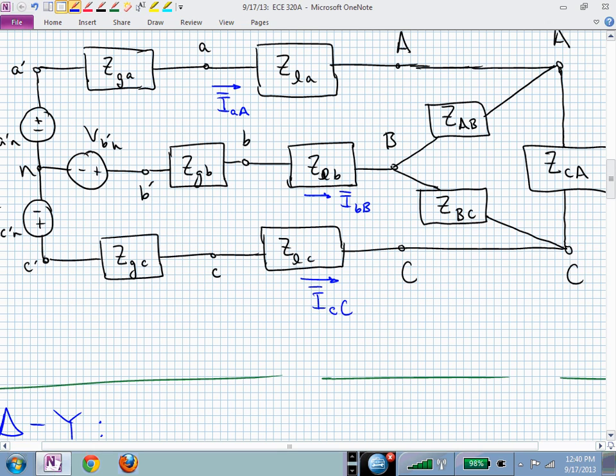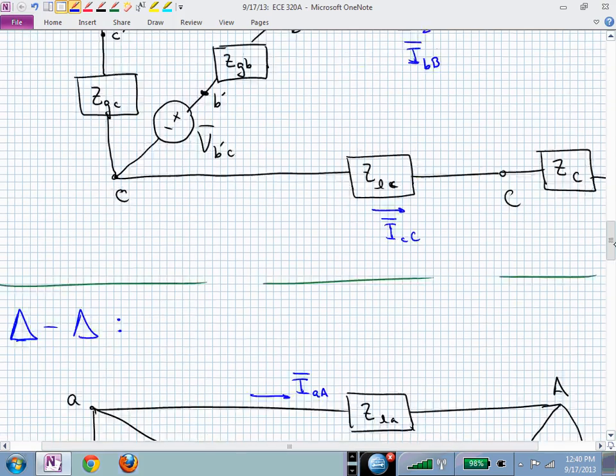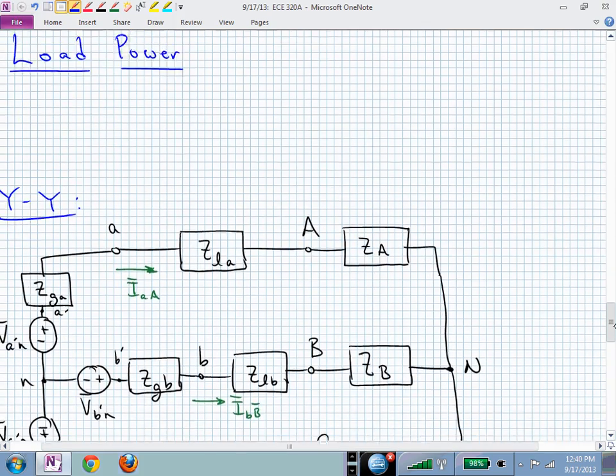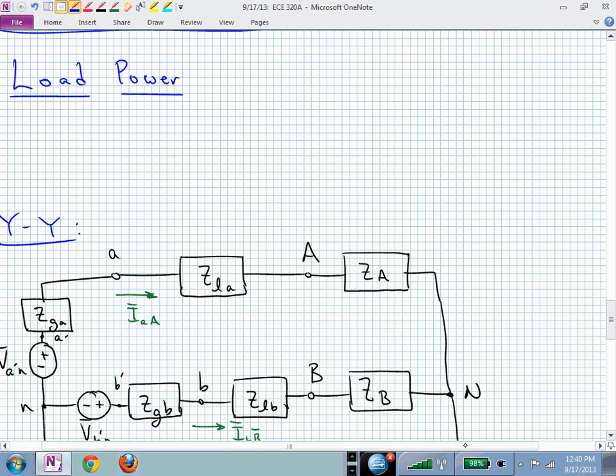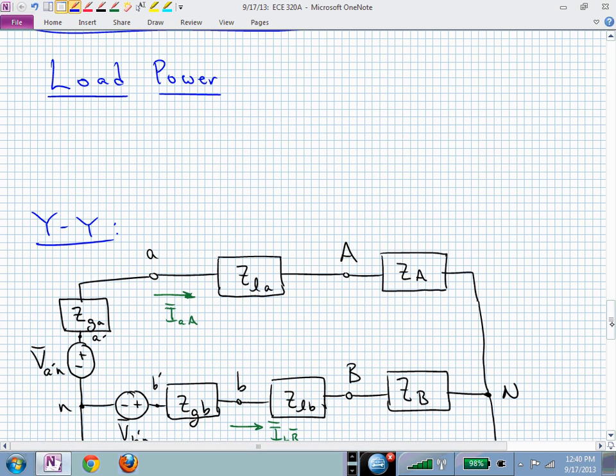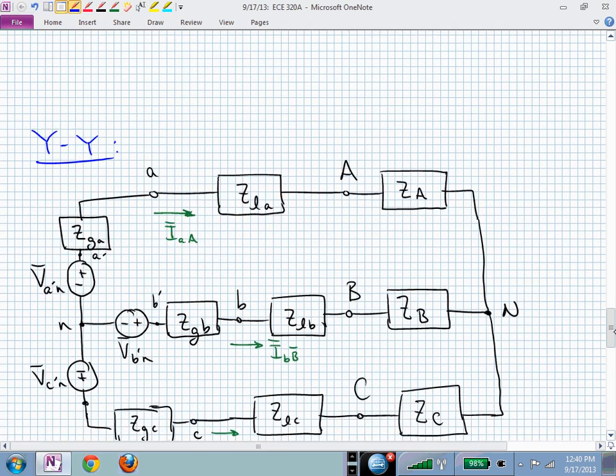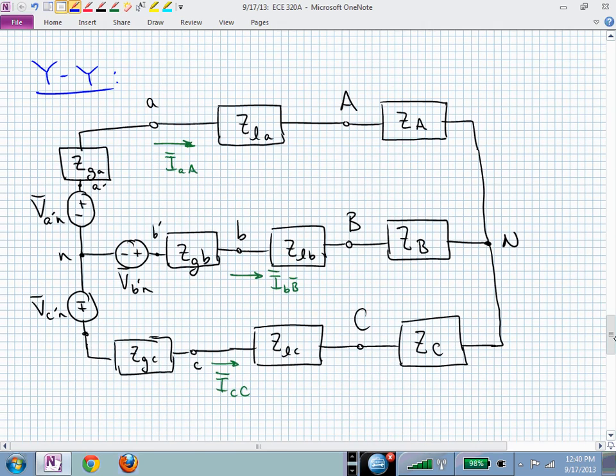It's going to be important to be able to make these transformations, to not only transform impedances from Y to delta or delta to Y, but also convert sources between delta and Y. We need to find these relationships between Y and delta quantities. Let's start that process by examining the YY configuration, or the load power for the YY configuration.